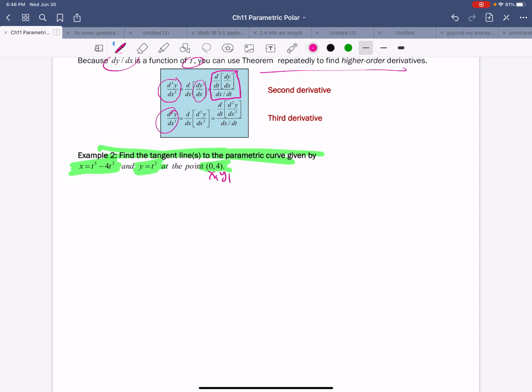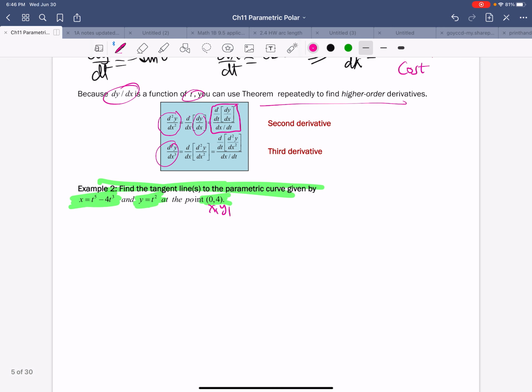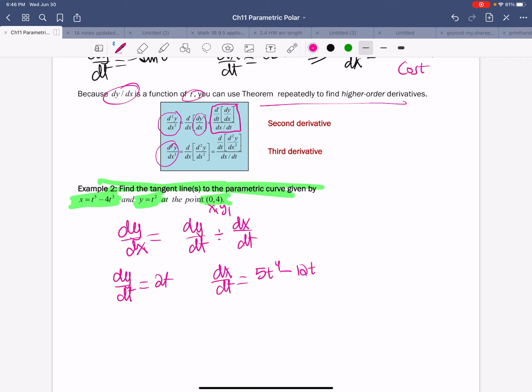Now, we don't need to eliminate the parameter. We can just use the formula that we just learned here: dy/dx equals dy/dt divided by dx/dt. So dy/dt is 2t and dx/dt is 5t to the fourth minus 12t squared.